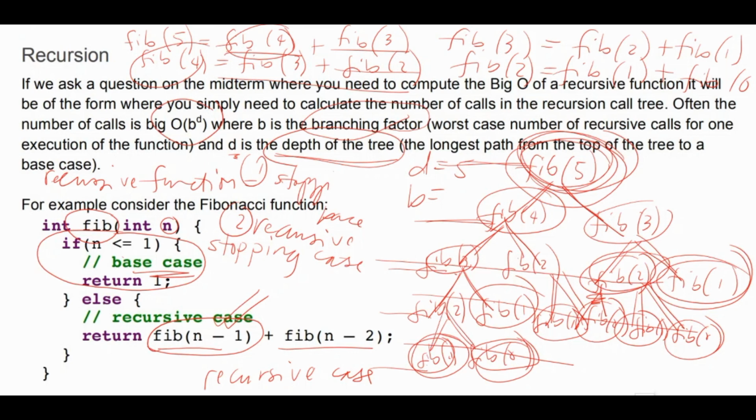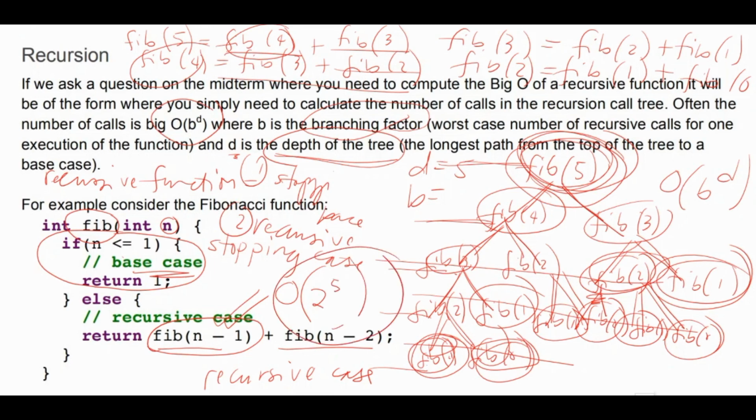And this one, 2 calls. So the big O for any recursive function or code is O of b to the d. So in this case, if our call is fib5, what is the big O notation? It is O of 2 to the 5.